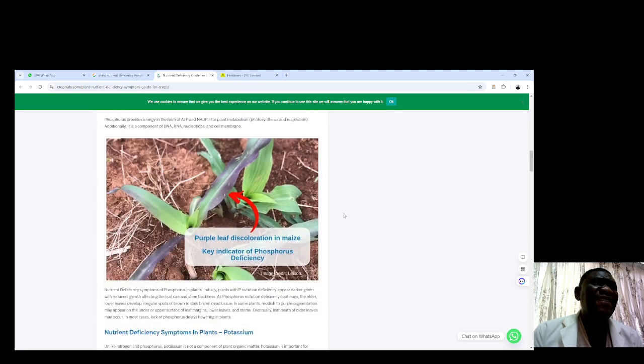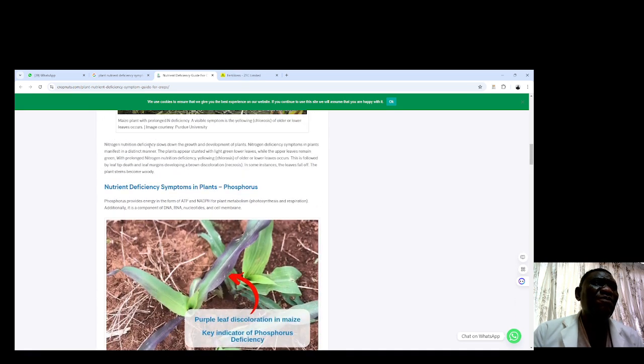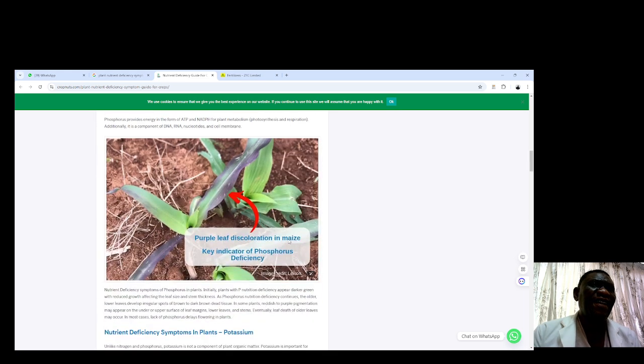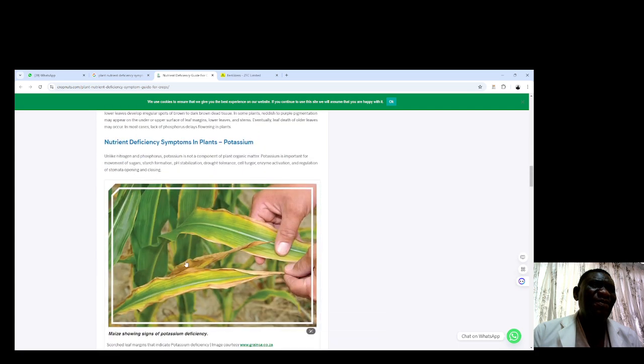Then the other one is the symptoms for phosphorus, where we have this characteristic purplish color on the leaves. This is potassium.